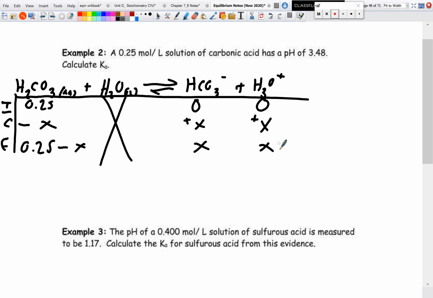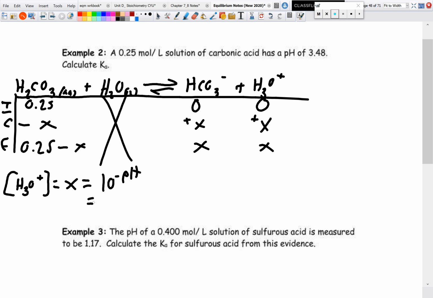So from here, of course, we haven't used our pH yet, which we're going to do. Now, we don't really need to do all the steps that we did last time because we can see here the hydrogen carbonate and hydronium are both x. So as soon as we find hydronium, we find the hydrogen carbonate. So the concentration of hydronium is equal to x, and that is equal to 10 to the negative pH.